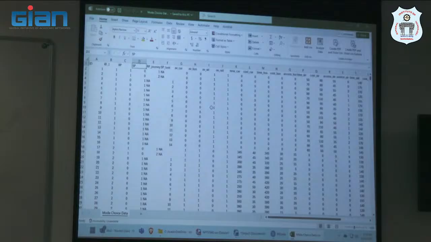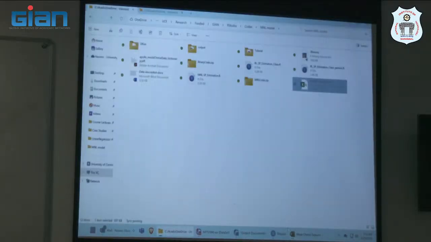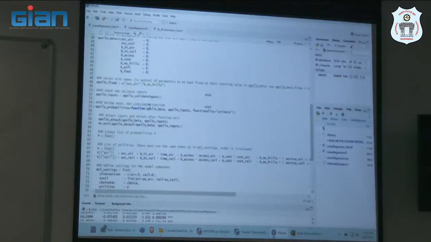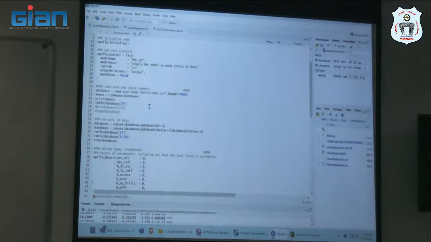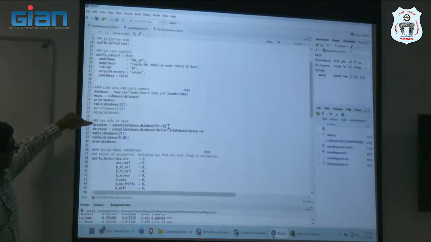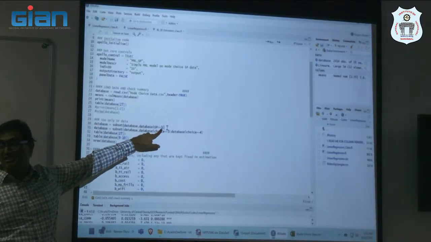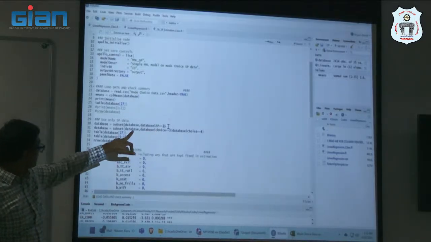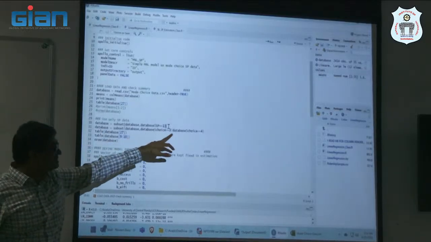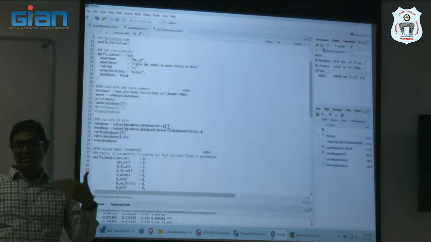What it does is it takes this Excel file, takes the data and samples it. I'll show you. First step: here you look at the database. It took the entire database, and then it selected the subset of only when SP is equal to 1. SP is a column in your data set. So all SP equal to zero rows are thrown out. Then it's saying choose only when choice is 3 or 4, because if you are looking at binary, it's creating a binary data set.